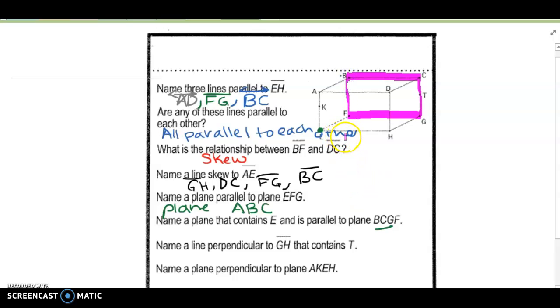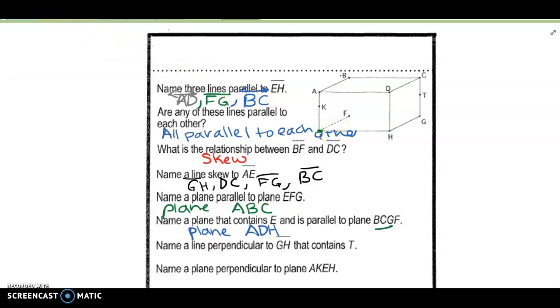So we want a plane that contains this point E that is parallel to this purple plane. Okay, so what plane would that be? Right, it would be this plane right here. Okay, so we can name it several different ways. Let's just call it plane ADH.